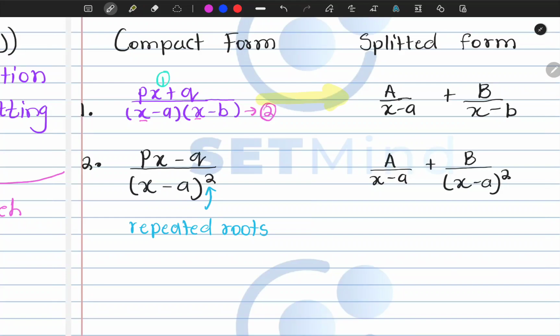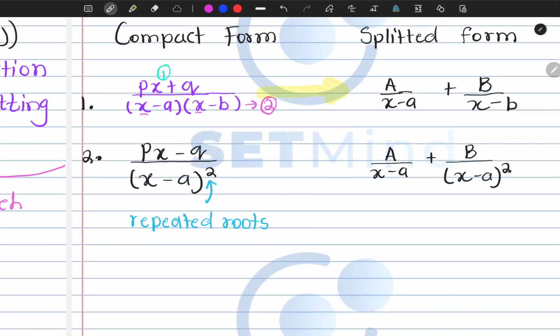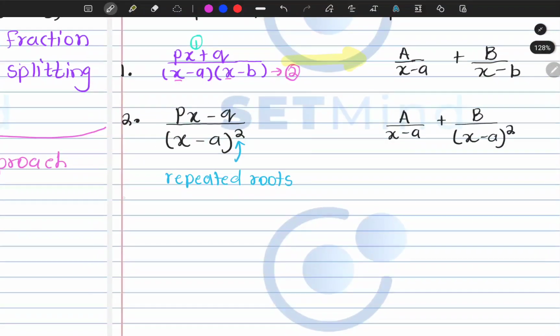If it was a cube, I would say plus C divided by x minus a cubed. So please make sure that you are aware of how to split it when we have repeated roots like that.